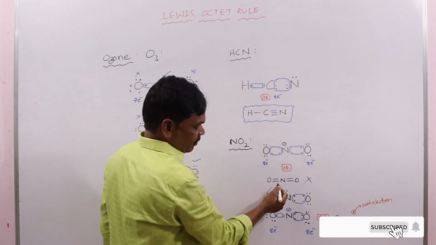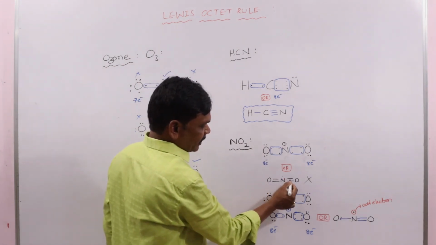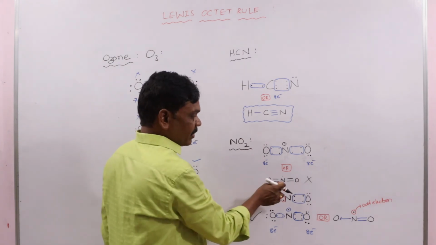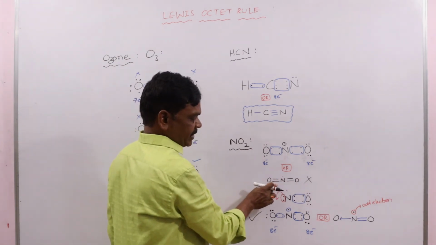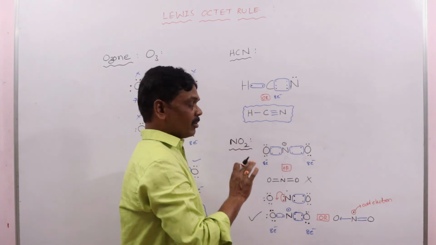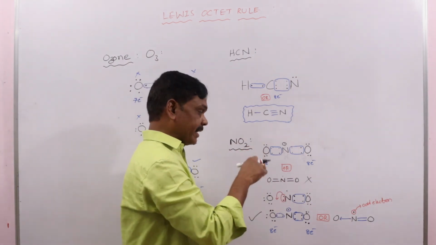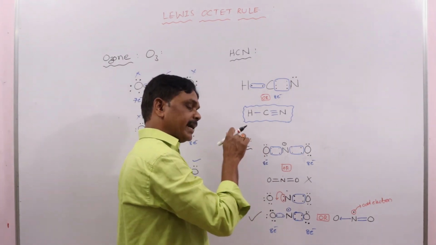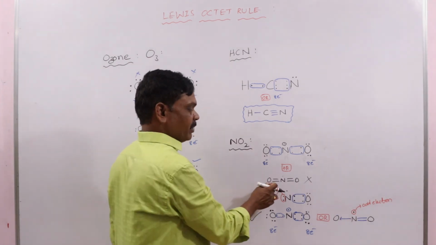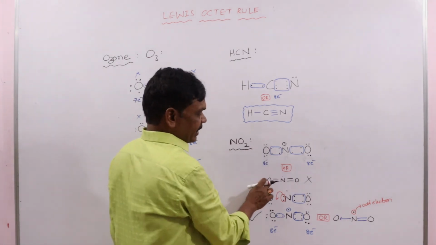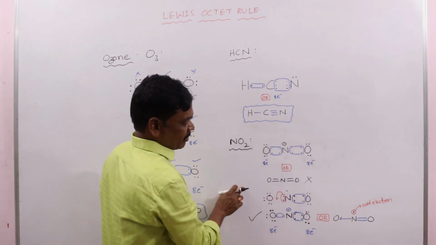Here nitrogen is forming 4 covalent bonds. But nitrogen cannot form 4 covalent bonds at a time. It can form 3 covalent bonds and 1 dative or coordinate covalent bond. That is possible. So based on that, the NO2 molecule is remodified.